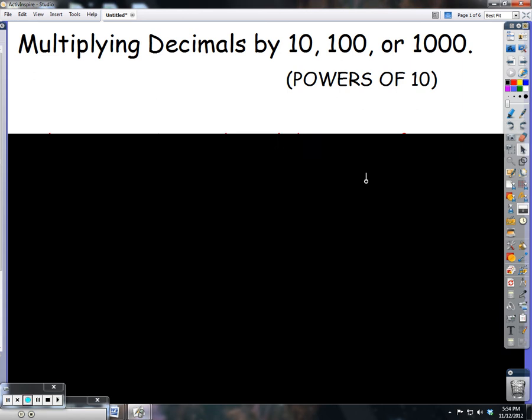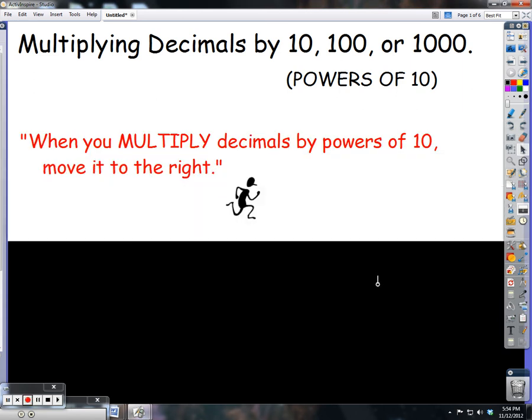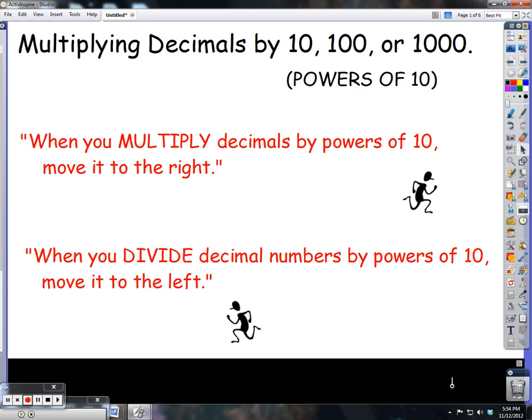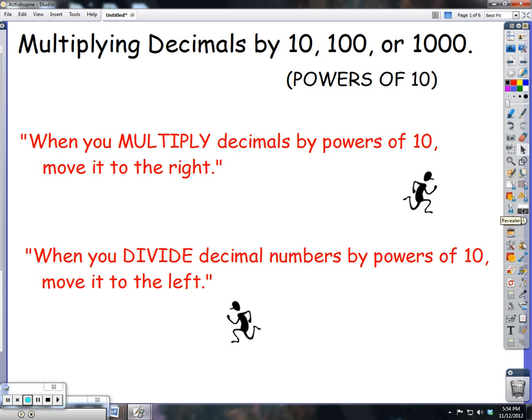If you remember our little saying, remember how we marched: when you multiply decimals by powers of 10, move it to the right. And then we talked about dividing. When you divide decimal numbers by powers of 10, move it to the left.